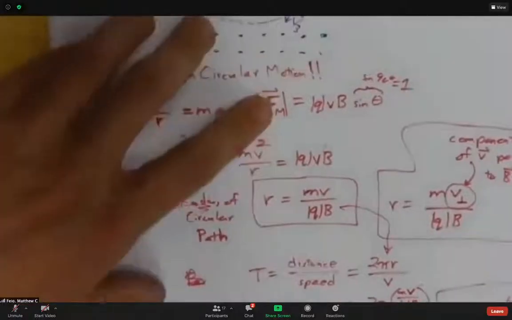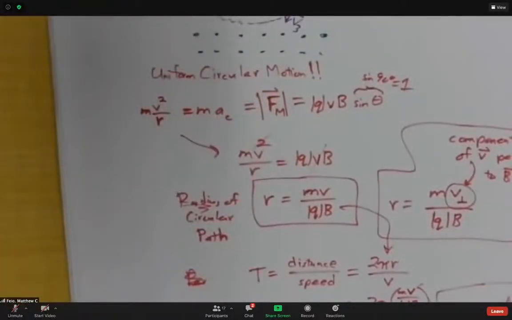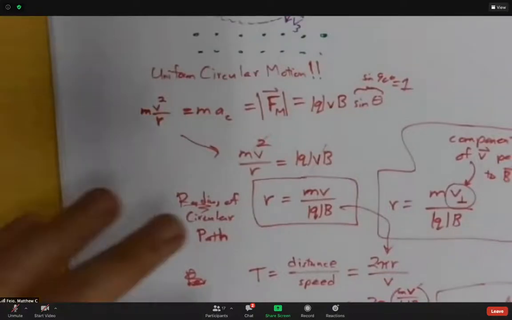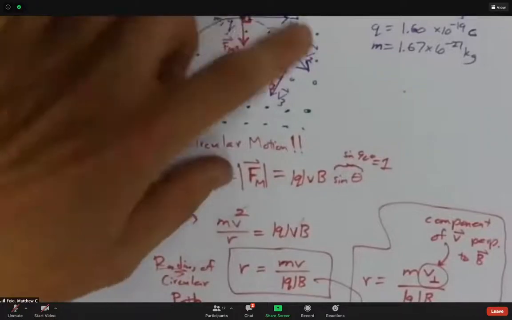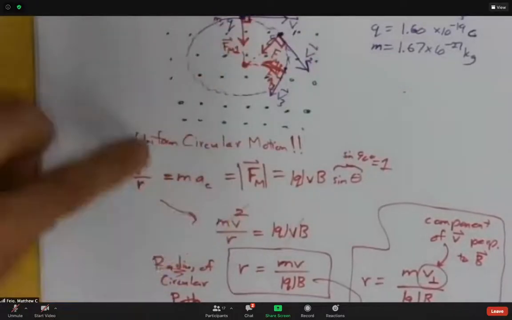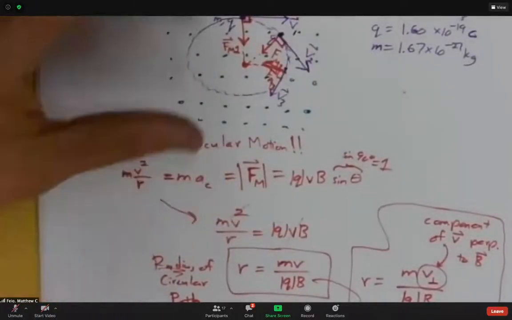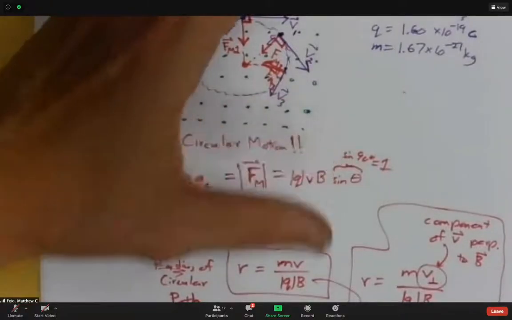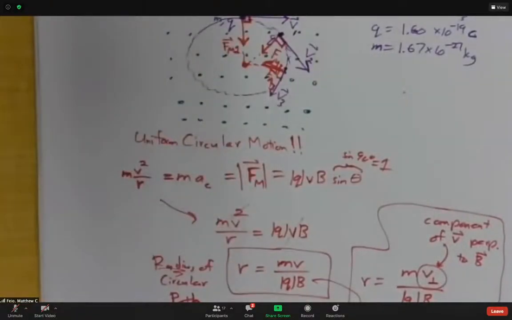And what's going to limit your ability? Will anything limit how fast you can get the object going? Conceptually, nothing would limit it, but it's got to follow a larger and larger circular path, which means you have to have your magnetic field be uniform over a larger and larger region of space.